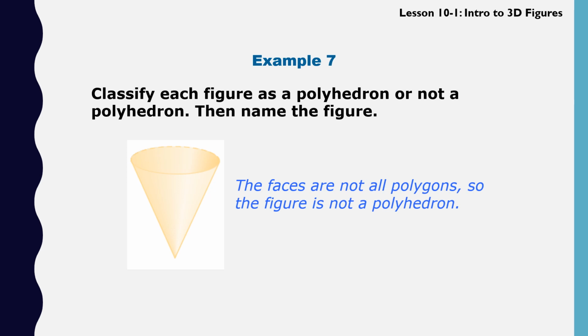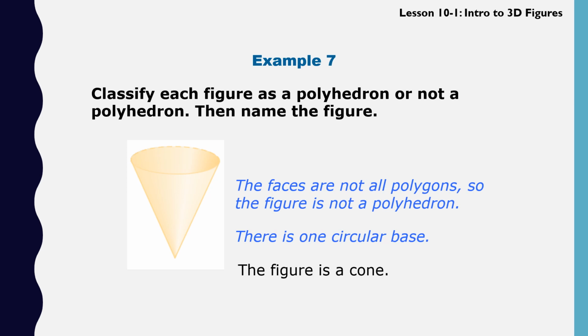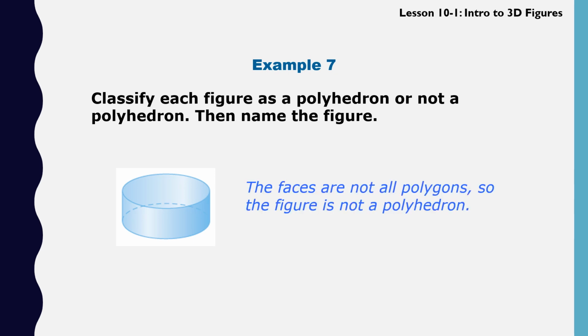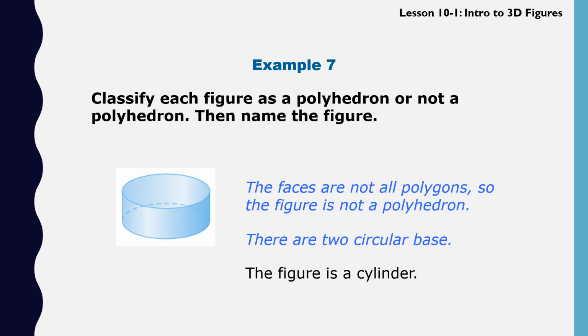The faces are not all polygons, so the figure is not a polyhedron. There is one circular base, so we can see that this figure is a cone. What about this shape? Is it a polyhedron or not a polyhedron? The faces are not all polygons, so the figure is not a polyhedron. It has two circular bases, so we see that this figure is a cylinder.